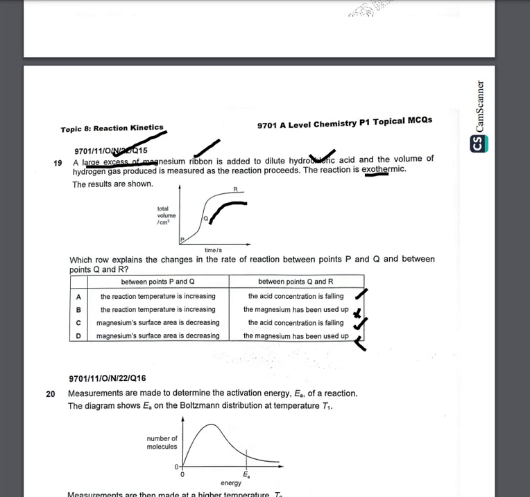D is incorrect because magnesium surface area, he has told us that magnesium is in the ribbon form and it is large in excess, so magnesium surface area must not be taken into account here. So you're only left with A actually, but the reaction temperature is increasing. There are increased collisions between the reactant molecules. So the rate of reaction increased between P and Q in this region. So A is your right answer.